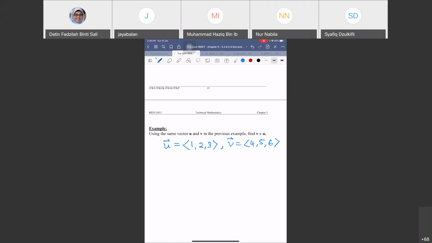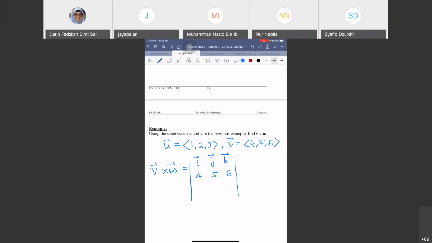Again, you just need to set up correctly for v cross u. Your first row is again your unit vectors i, j, k. Your second row is the components for v, because v comes first here, so that means 4, 5, 6.